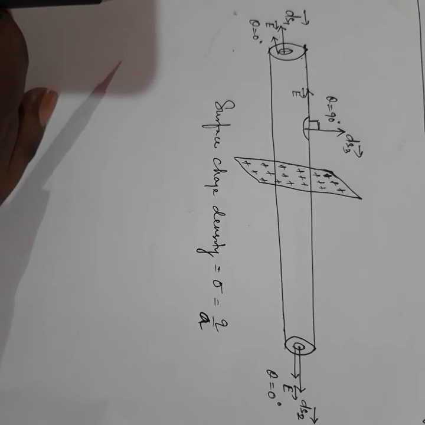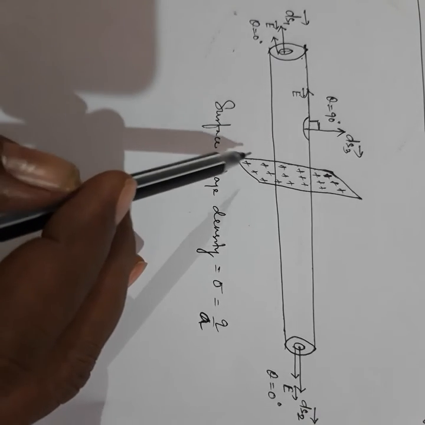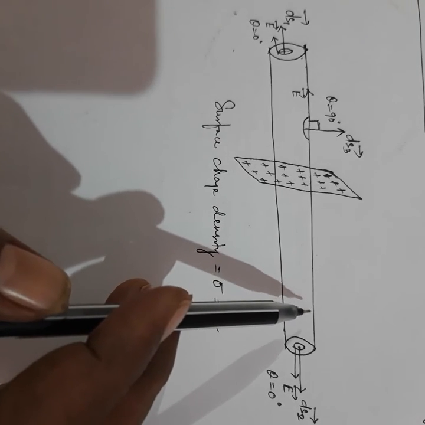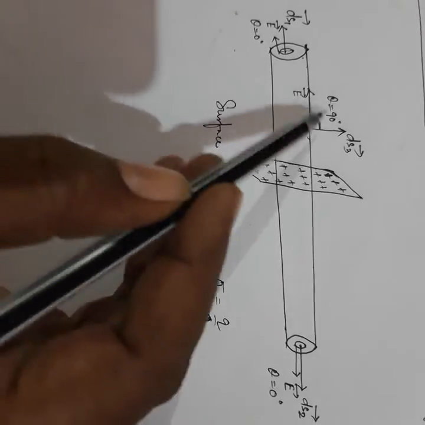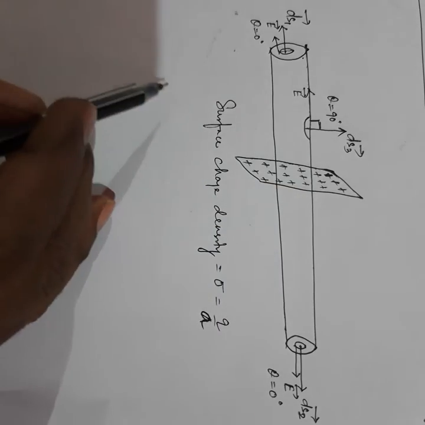Clear? Now this Gaussian surface is parallel to the flat surface, and the curved surface is perpendicular.